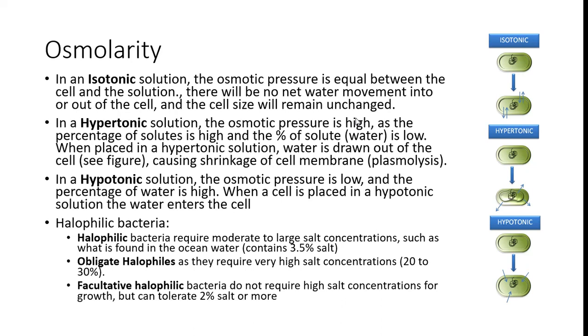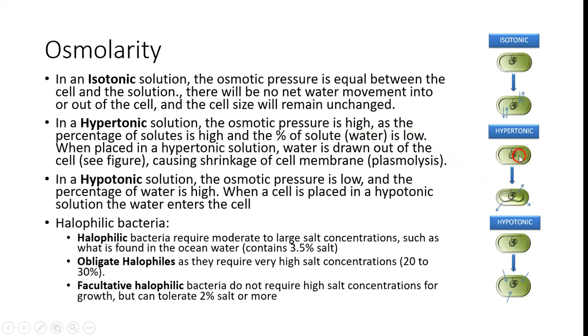So your solutes go up, whereas your amount of water goes down. For hypertonic and hypotonic, we need to understand that water flows from an area of high to low, so it goes downhill. In these diagrams, the cell has high water and low solutes, and we're putting it into a solution that now has high solutes and low water.